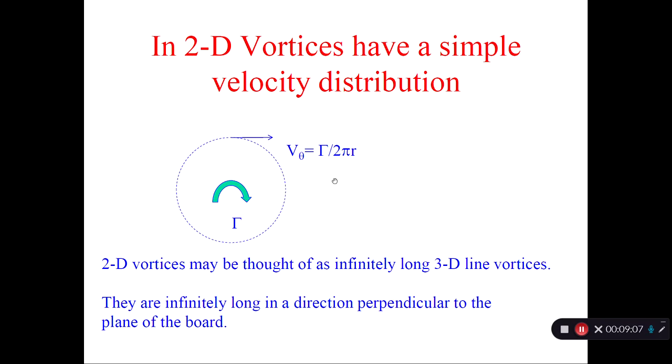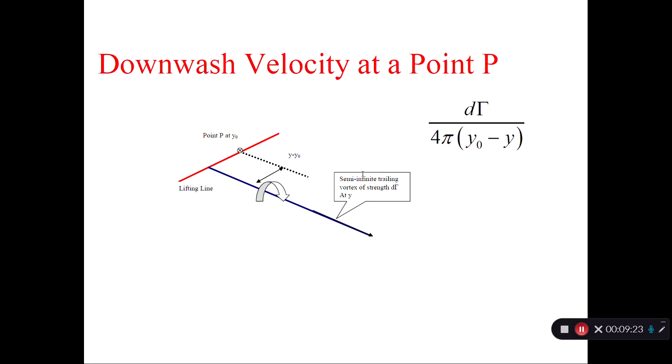So what Prandtl said was, instead of 2 pi r, I'm going to make it 4 pi r because I have only half the induced velocity coming from the vortex. My vortex is half as long, so it's going to produce half the induced velocity. So rather than using 2 pi r, he used 4 pi times r, where r is simply the distance between the vortex and the point where you are computing the downwash.